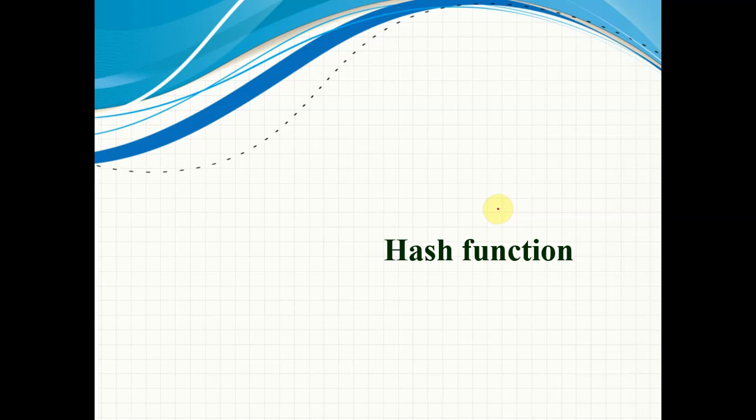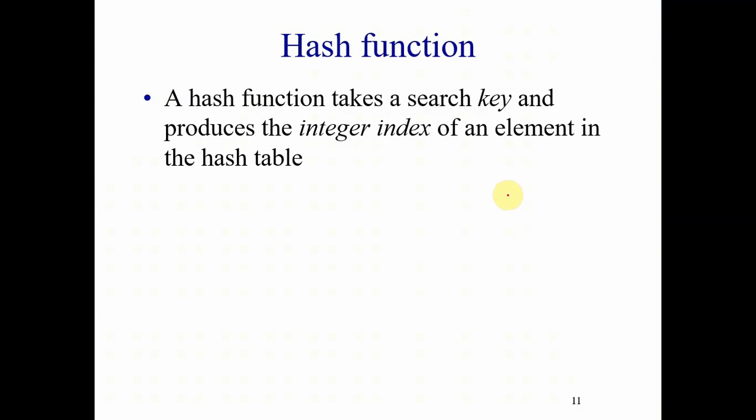Okay, let's see the key element of this operation of hashing. Let's talk about the hash function. A hash function takes a search key and produces the integer index of an element in the hash table.